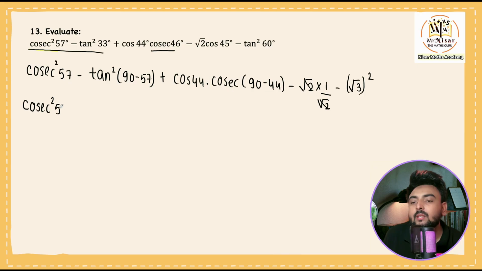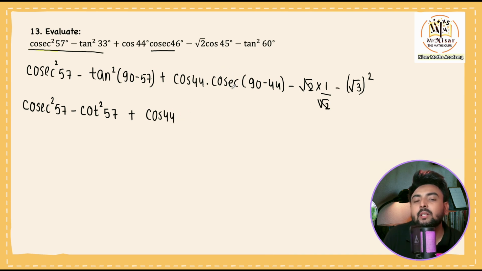Then can I say here it is going to become cosec square 57 minus tan 90 minus theta, it's going to become cot theta. Tan is complementary to cot. So it's going to become cot square 57 plus cos 44.